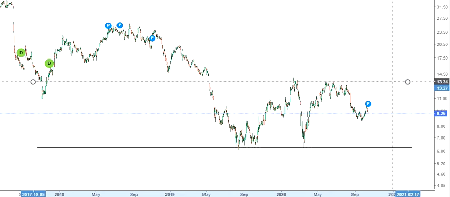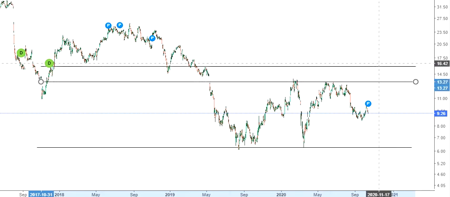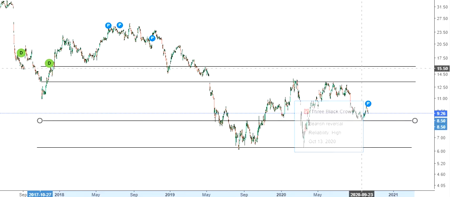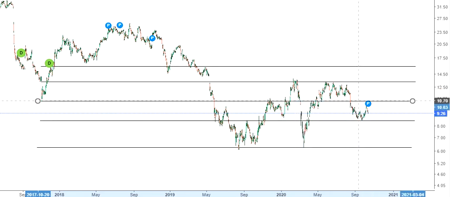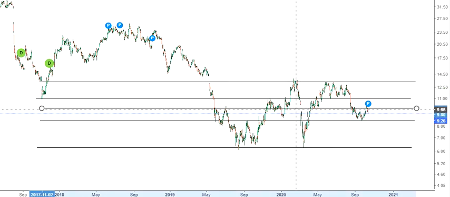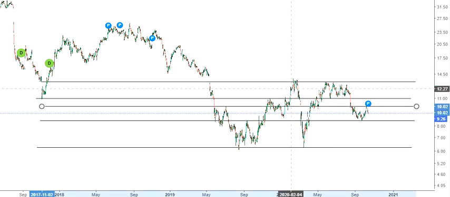So here we have that, just have a look at it. You have this support and resistance level for this particular stock.